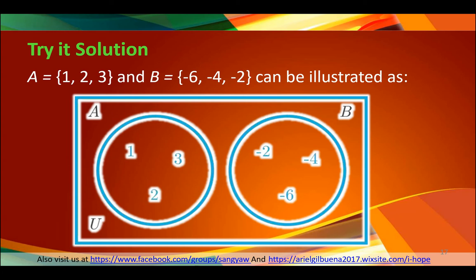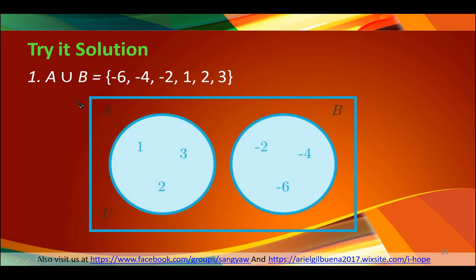Di ba po, nabigay natin na yung set A ay 1, 2, and 3. So, 1, 2, and 3. Then yung B, negative 6, negative 4, negative 2. Ayan po yun. So, hanapin natin si A union B. So, simple lang naman yan eh. Siyempre, yung pinagsama-samang numbers inside the circles, di ba?